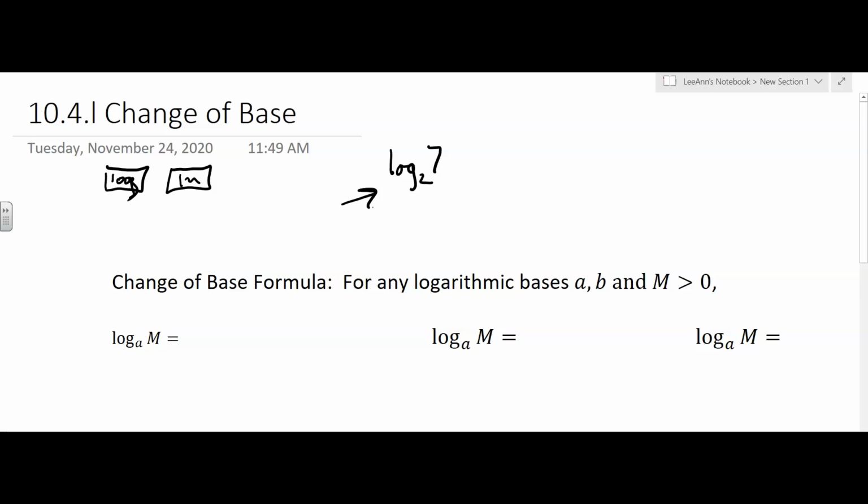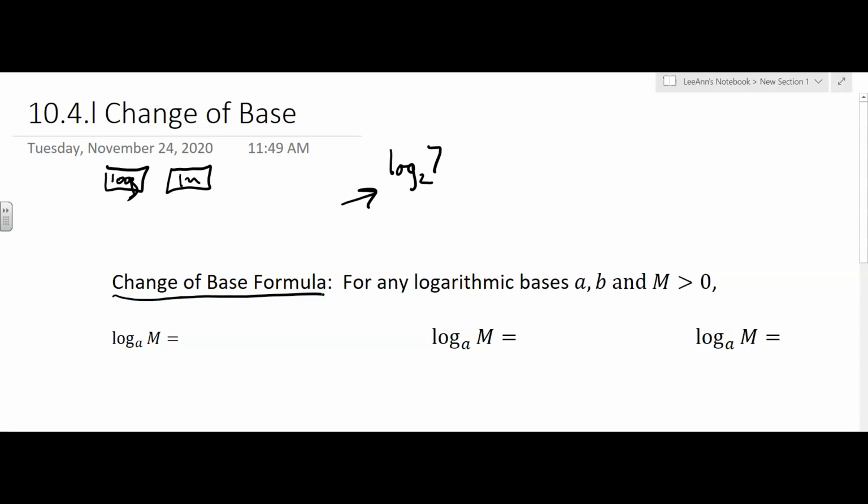We don't have a log base 2 button on our calculator. Now, some calculators do allow you to put the base in, but a lot of the scientific calculators don't allow you to do that. And even the graphing calculators, a lot of them don't have a button for you to put the base in.